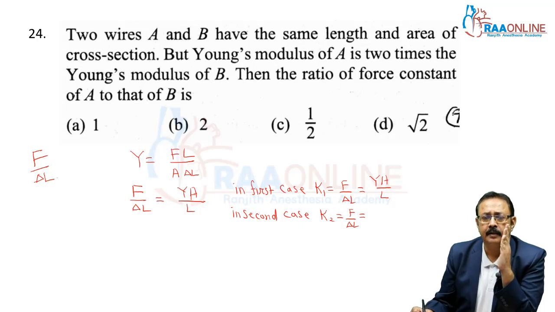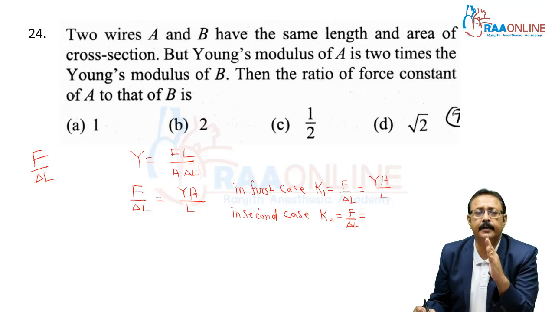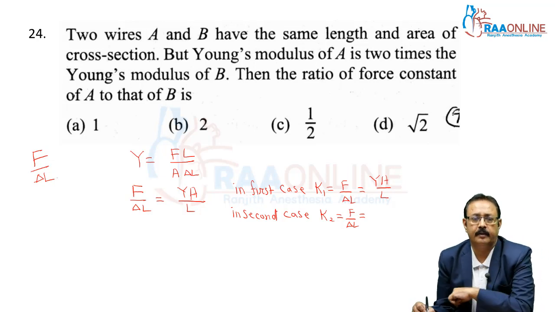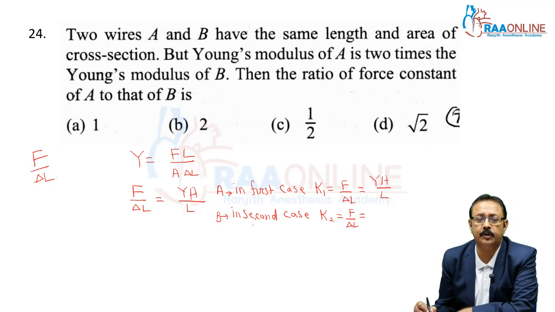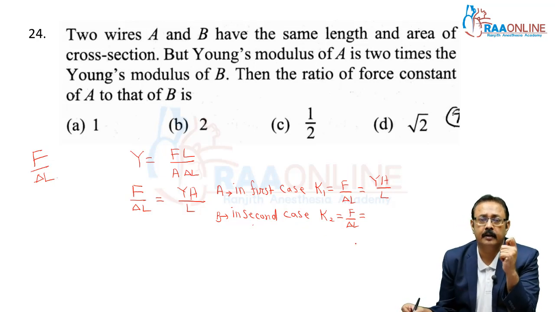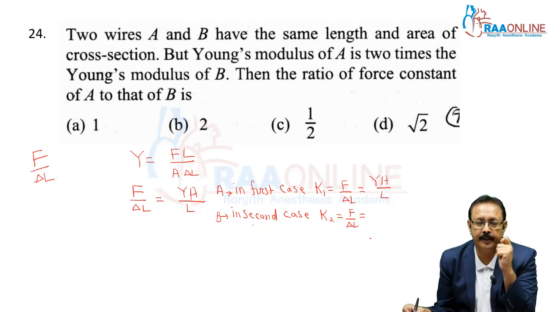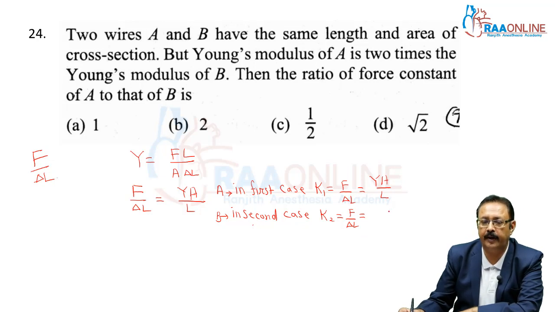They are saying that Young's modulus of A is 2 times the Young's modulus of B. In the first case I was talking about A. Now I am talking about B because we want to calculate the ratio of A to that of B. So if Young's modulus of A was 2 times that of B, it means Young's modulus of B was half of the Young's modulus of A. For A, if I am taking Y, for B I should take Y by 2.